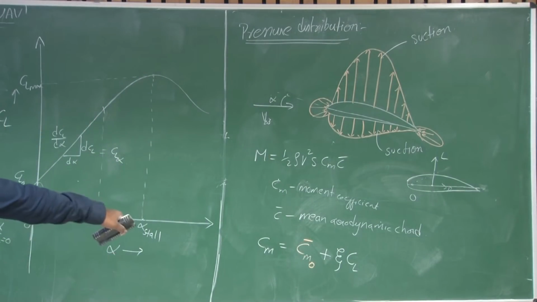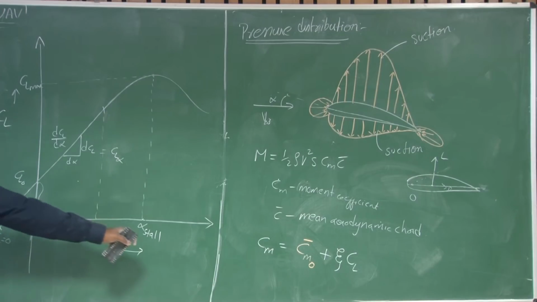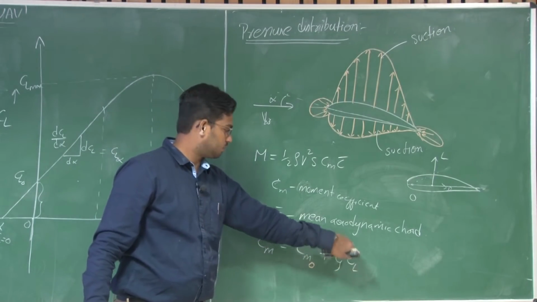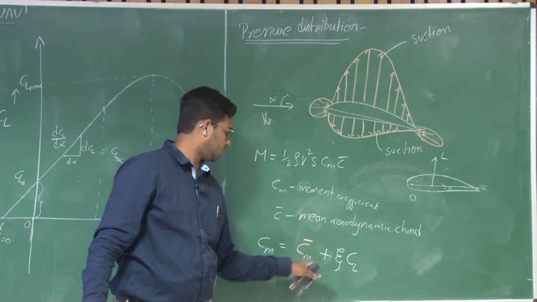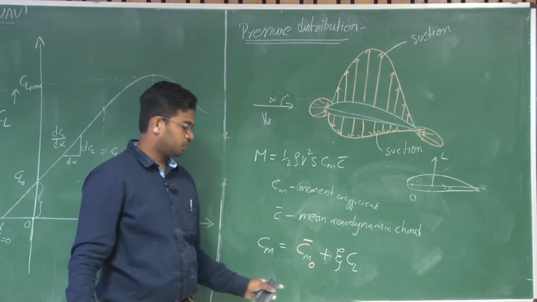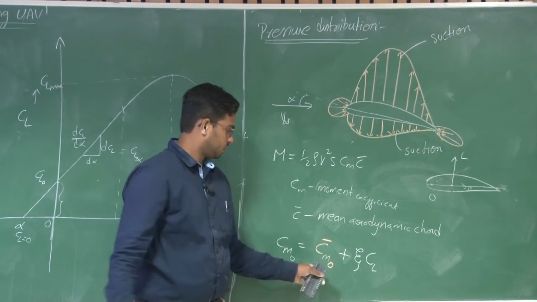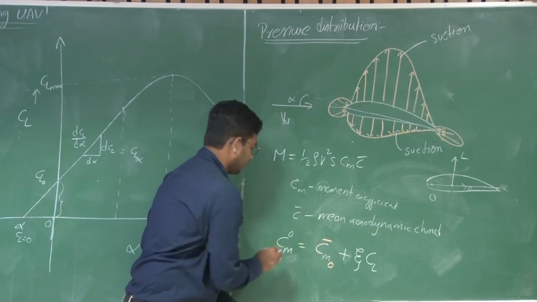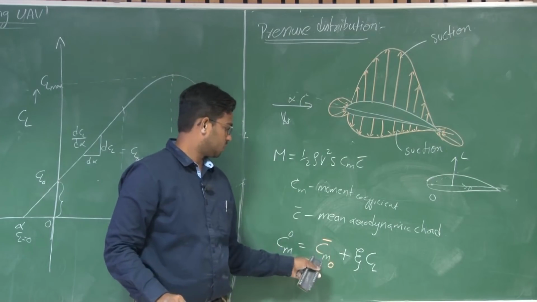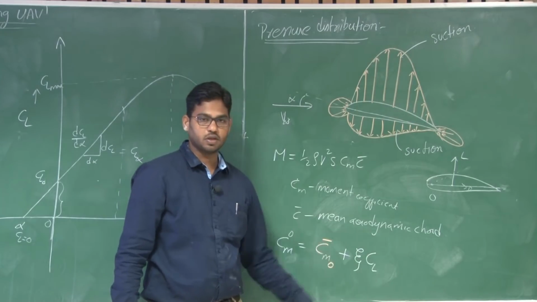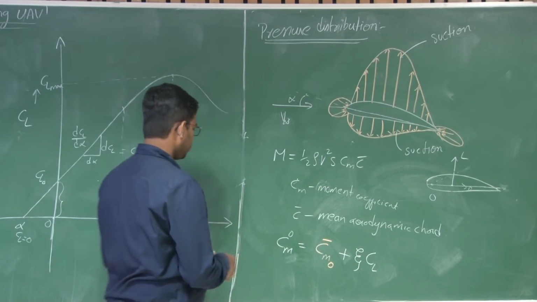Can we write like this? The pitching moment is equal to the moment when there is no lift plus something which depends upon the location of your moment reference point. So this zeta depends upon the location of your moment reference point, right? Let us say Cm about O is equal to Cm naught bar plus zeta into Cl, okay.